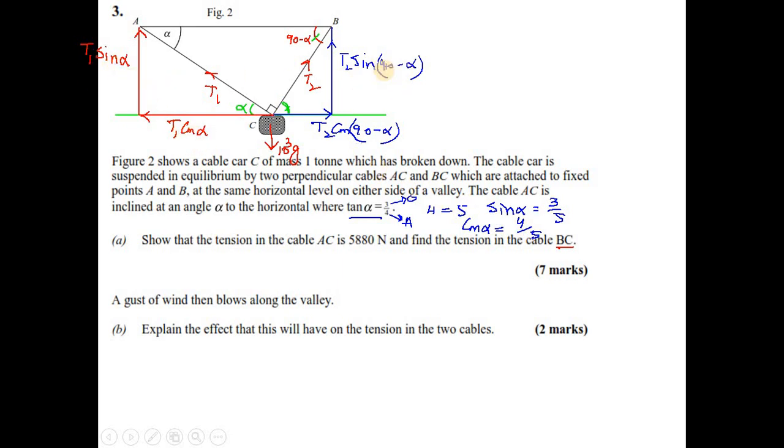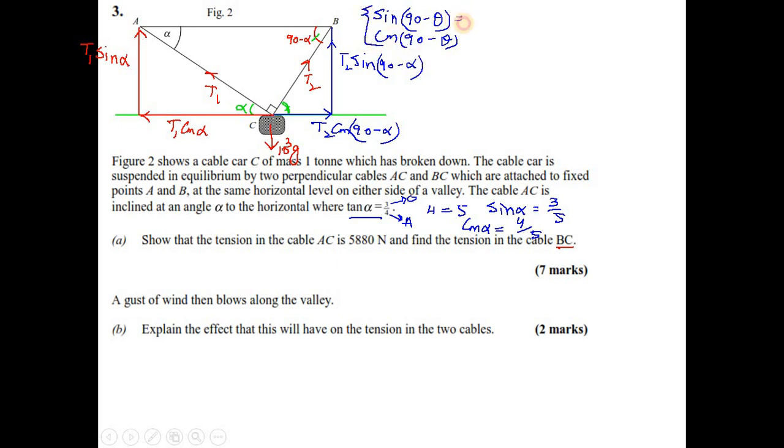What about sine 90 minus alpha? Remember, we have another trigonometric identity, that sine 90 minus theta or cos 90 minus theta, these are two important identities here.